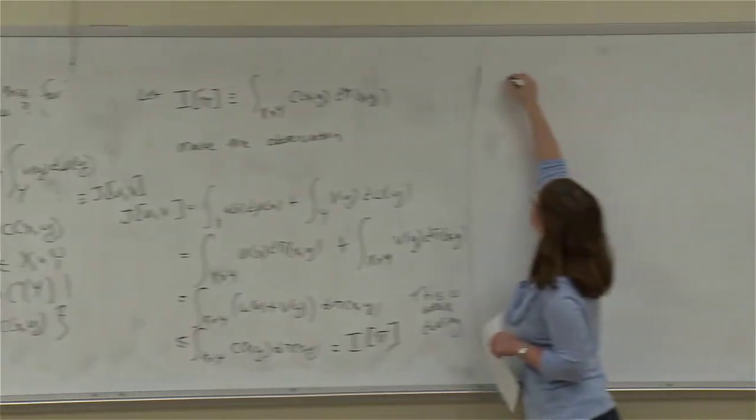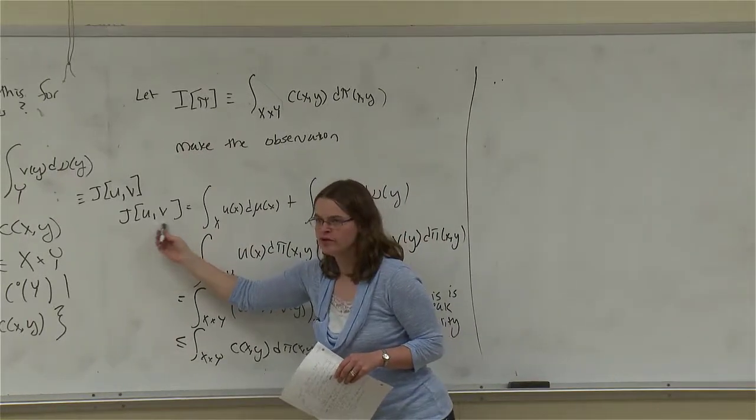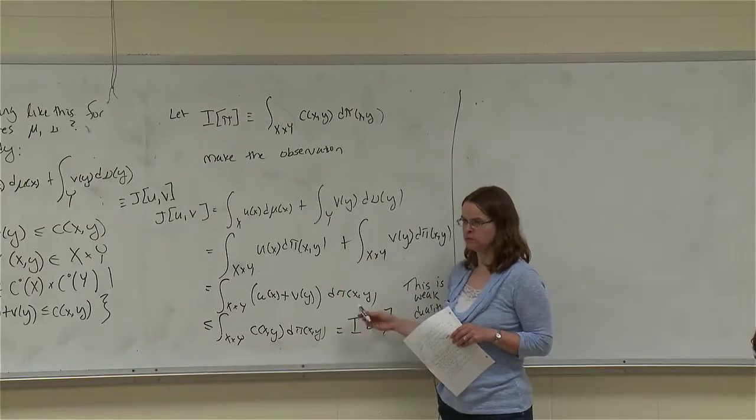Now my question is, can we make this tight? So this holds if you put any feasible u and v in here and any feasible pi in here, this inequality always is going to hold.